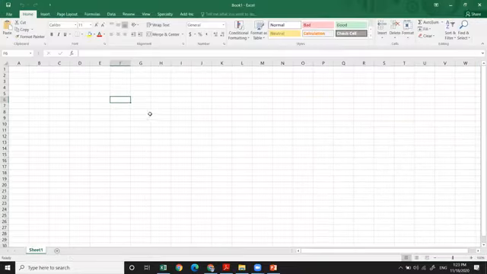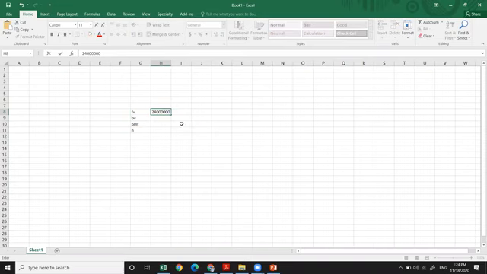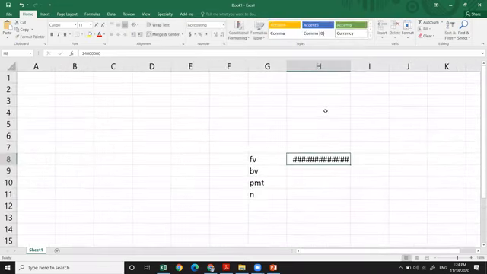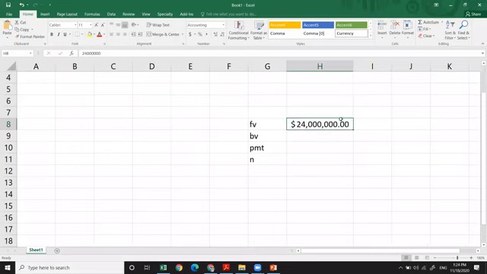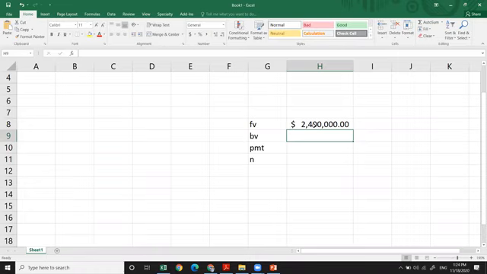I have calculated this many times, but I'll do it one more time. So we have face value, the bond value itself, the payment which is the coupon payment, and the number of periods. Face value is 2,400,000, and the bond value is 2,156,000.